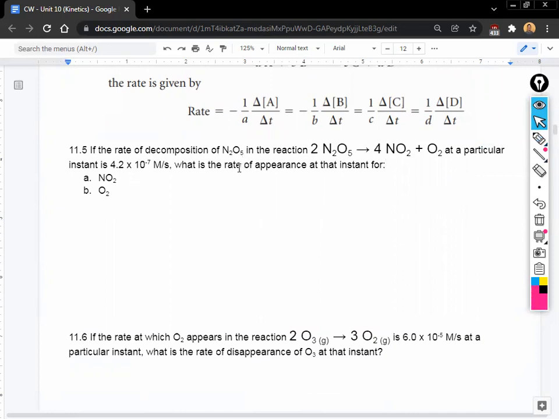So when you want to compare different rates, first thing you want to do is look at the rate that you are given. Okay, so the rate of disappearance for N2O5 will be 4.2 times 10 to the negative 7 molarity per second. Now I'm going to specify the molarity by saying that it's for N2O5.